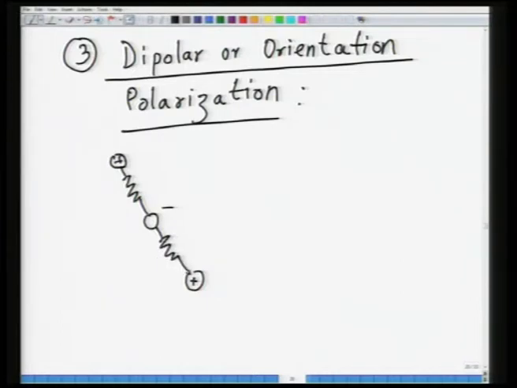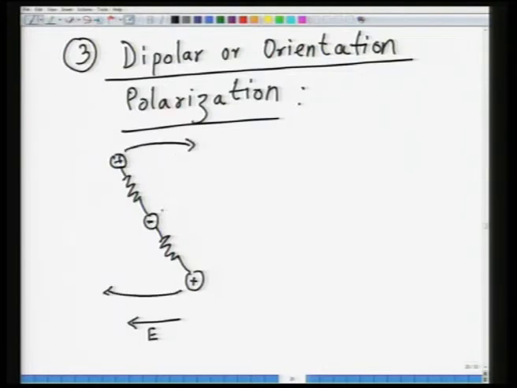Okay. So, now when I apply electric field, let us say in this direction, then this particular guy wants to move to this side, and this particular guy wants to move to this side.